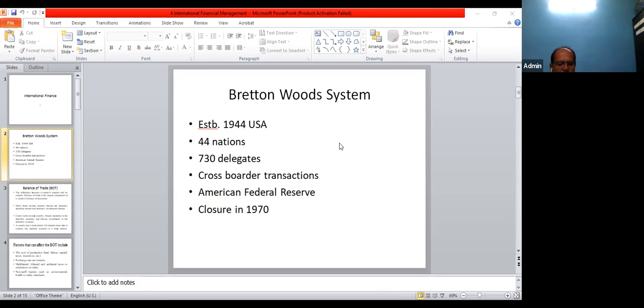Now, in the gold standard, between 1870 and 1914, after the gold standard, they designated it as the classical gold standard. It is one and the same gold standard, but the new word was classical gold standard.